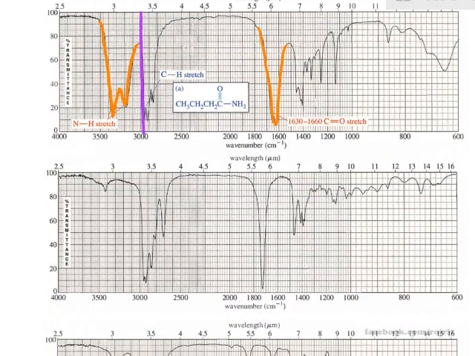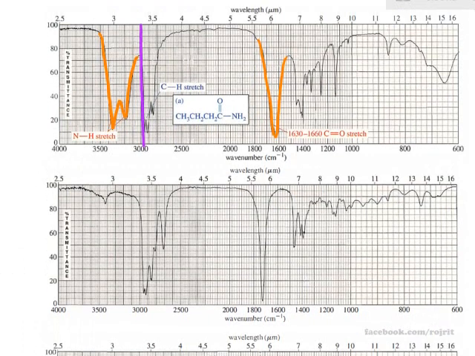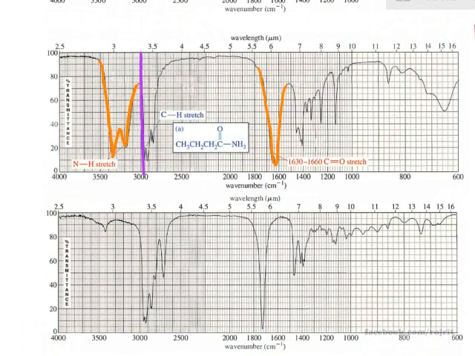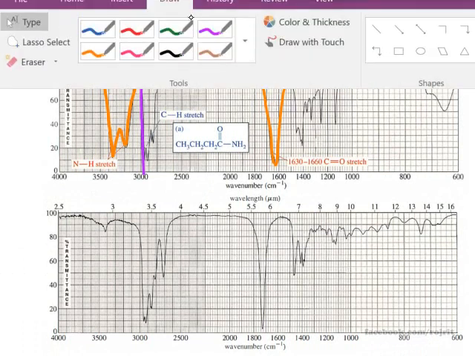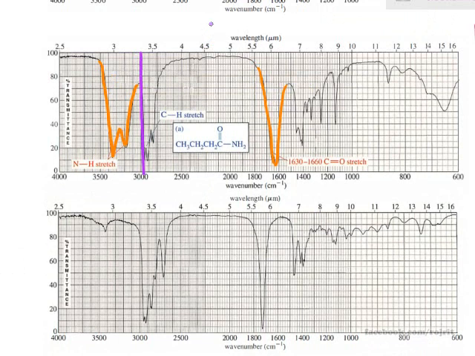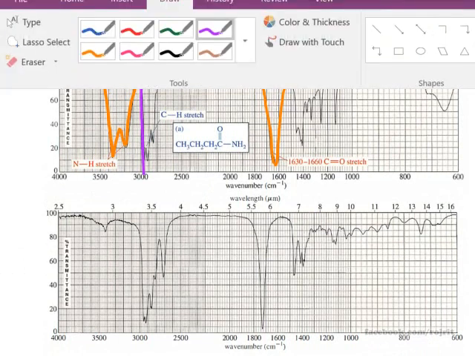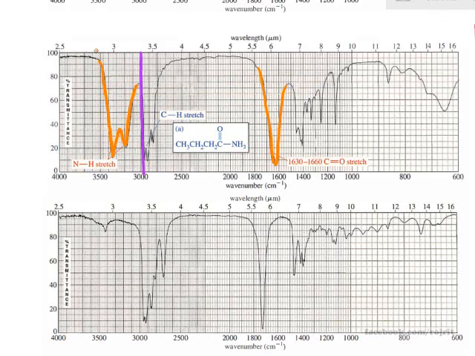Next, the examples I skipped. You may go back and look at examples of the peaks in an organic textbook or something, but this one I will go through very fast.